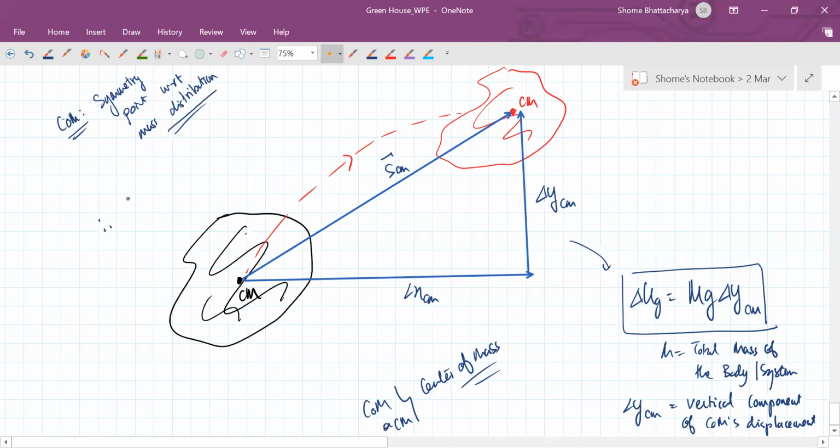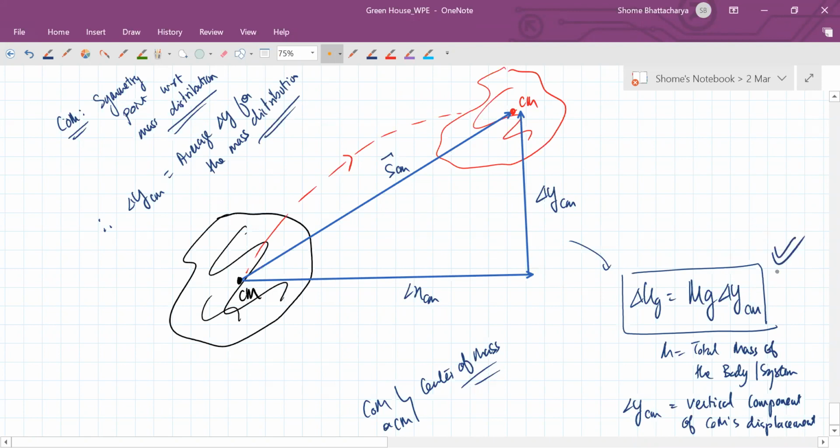So therefore, delta y of the center of mass actually becomes average delta y for the mass distribution. So that is where this formula comes from.